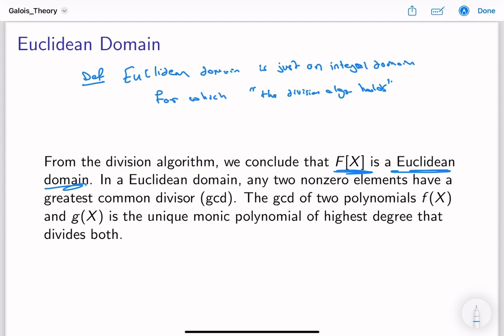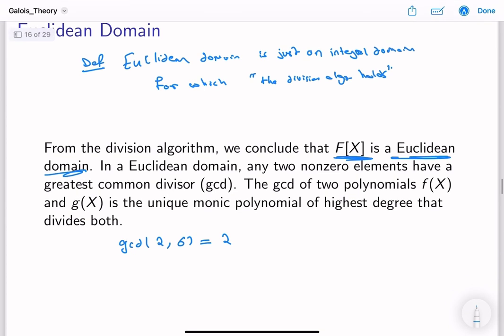Just as we have the GCD of two numbers, like the GCD of 2 and 6 is 2, the greatest common divisor of the two. So let me just remind you, in general, what is a GCD? Well, a GCD is a number that divides both numbers that you have, and it's the greatest such number, right?